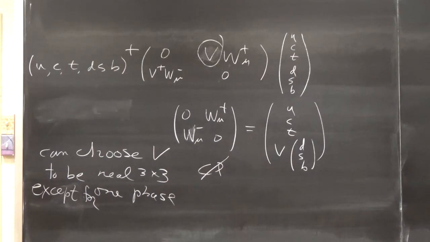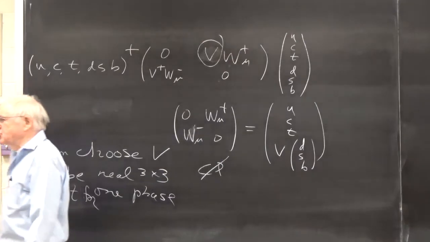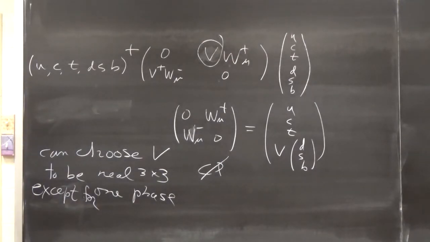For the leptons, for a while, people just regarded the neutrinos as massless, and in that case there's no issue with the mass matrix.